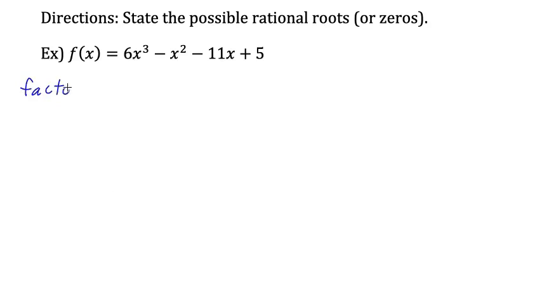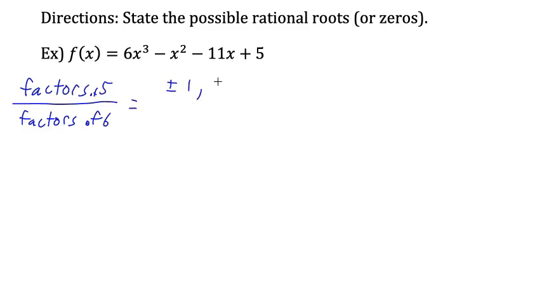So we're going to need to find the factors of 5. And that'll be in the numerator, and the denominator will be the factors of 6. Right, the factors of 5. Well, 1 divides into 5, so that'll be positive or negative 1.